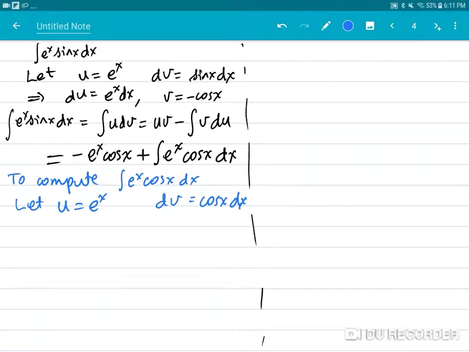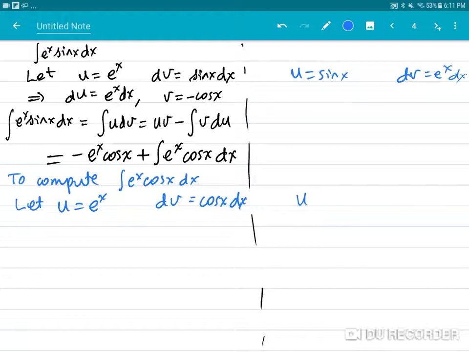I should mention here that had I chosen u to be sine x and dv e to the x dx, then at the second step, I would have to choose u to be the trig function and dv to be the exponential function. Don't switch up.